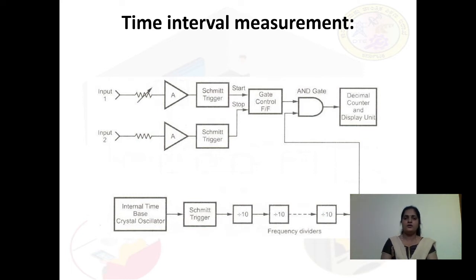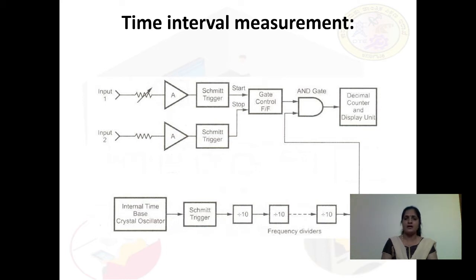That's why here we are using two inputs. Input 1 indicates the start of that interval, and input 2 indicates the stop of that interval. Input 1 helps us enable the AND gate to start the operation, and input 2 helps us disable the AND gate, and after disabling it helps us stop the operation.